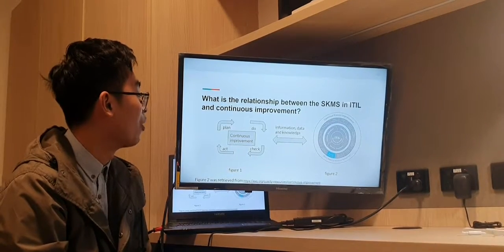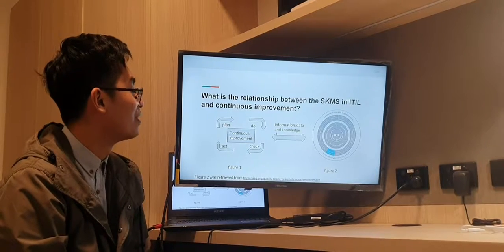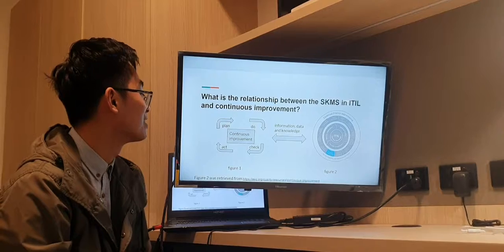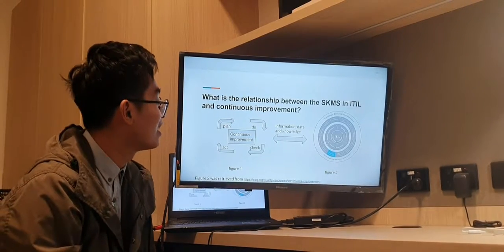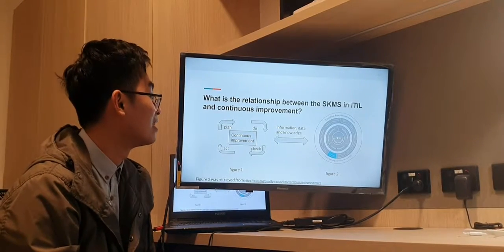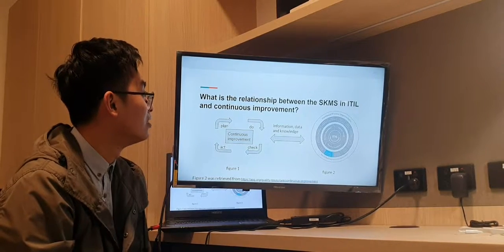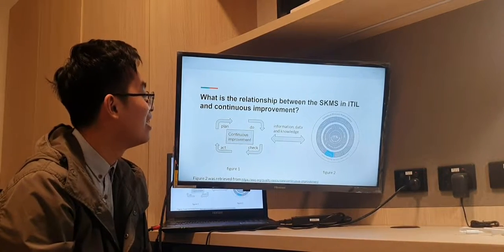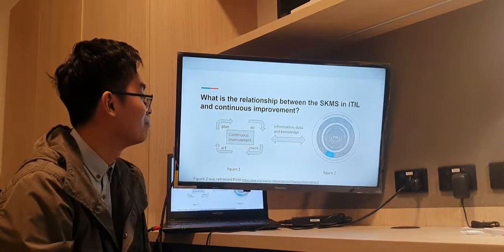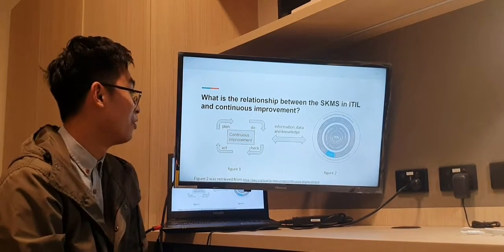According to the article, continuous improvement is long term, from the beginning to the end, and leaves footprints in all stages of the process. So if we can gain the information, data, and knowledge from the SKMS, analyze them, get the historical data and forecast the future trends for the organization, this will be a great help for improving the service. And let's move on to the next point.